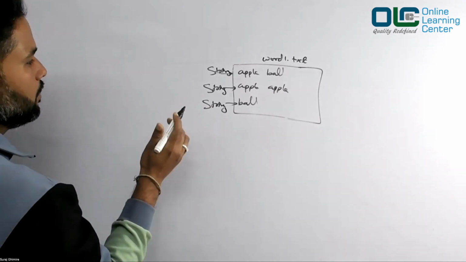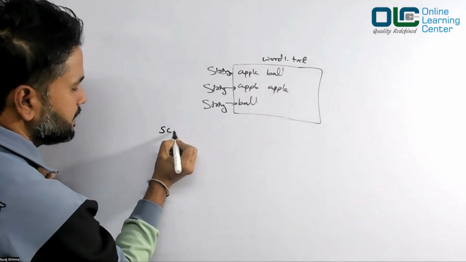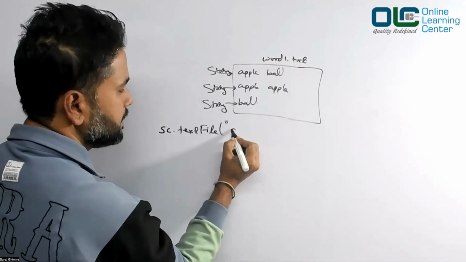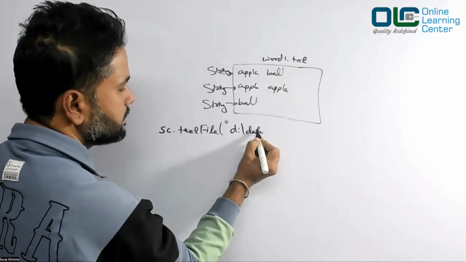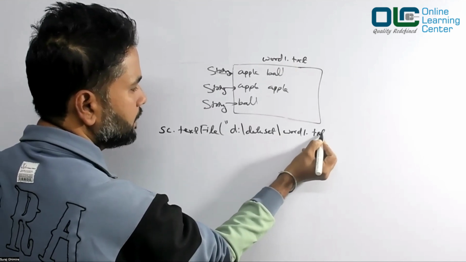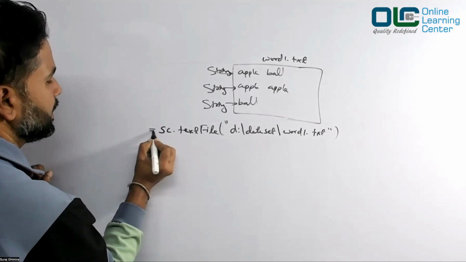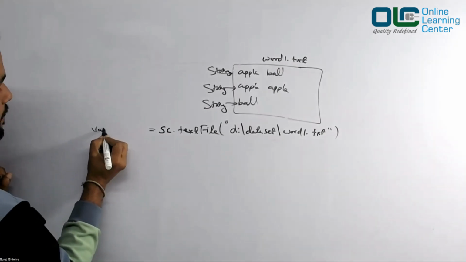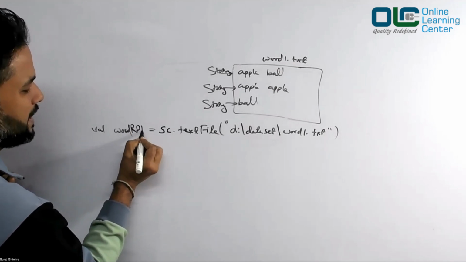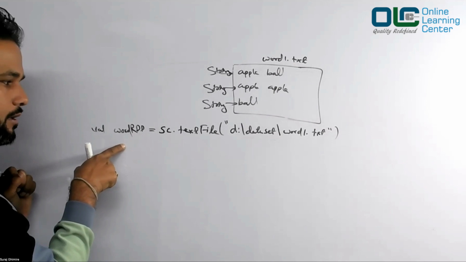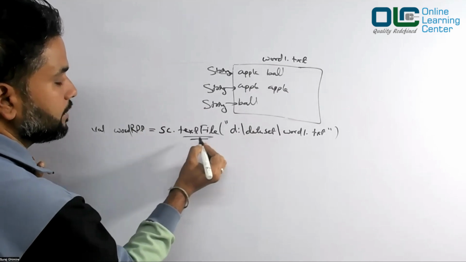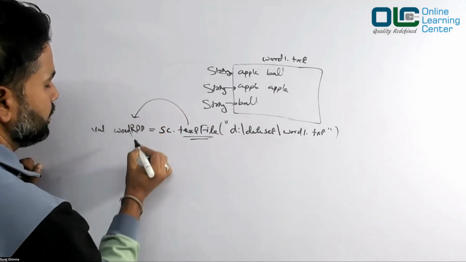Now when you say sc.textFile and you pass this path, let's say the D drive, dataset, word1.txt, what you get is an RDD. You can write input, or you can also write wordRDD, something like this is also fine. I've written input, but it is actually an RDD. So when you do that, it creates an RDD and returns you back an RDD of string.